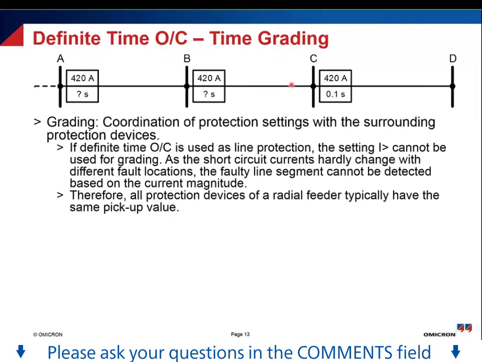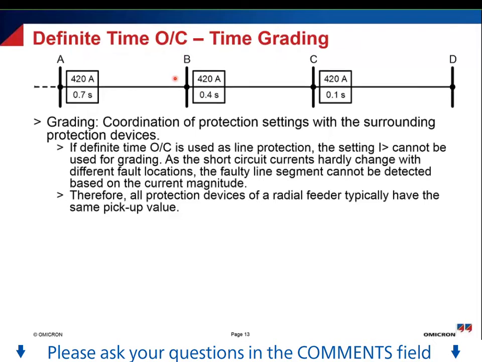That means just by having a look at the current, I cannot tell where my fault position is. So the current itself in this case is not enough to distinguish where the fault is. And therefore we set the same pickup value for all the relays. You see the relay at B and the protection device at A all have the same pickup value for the current.